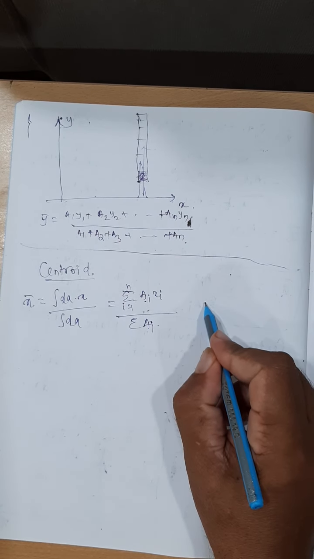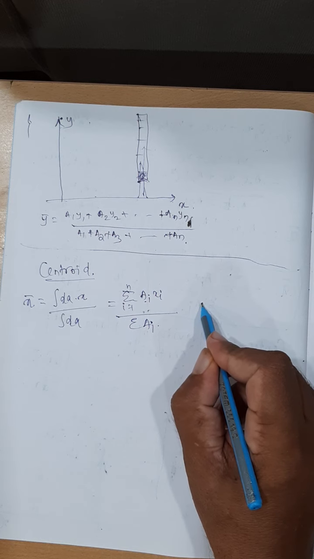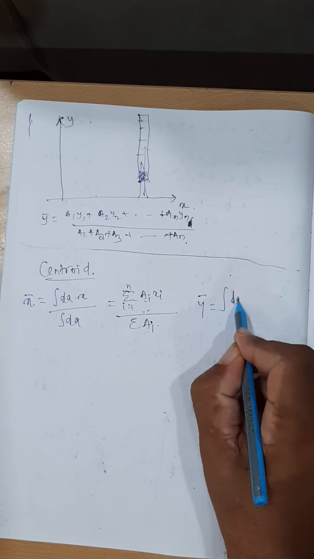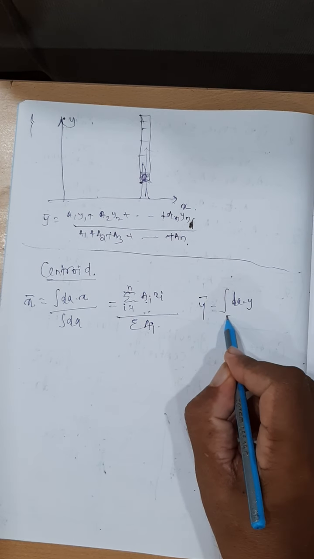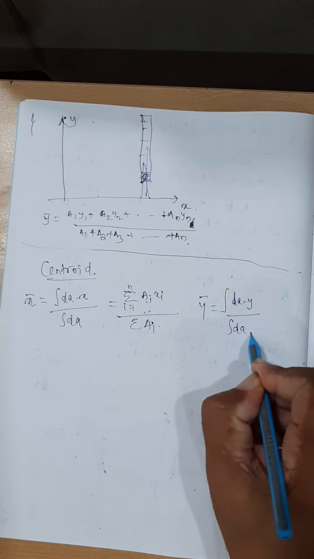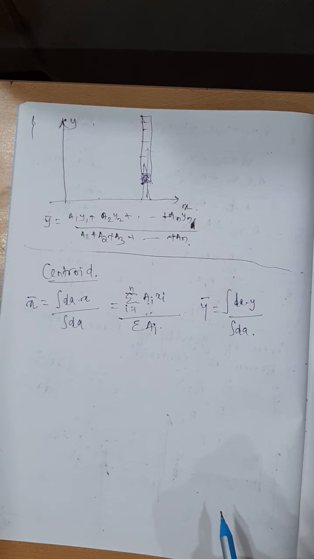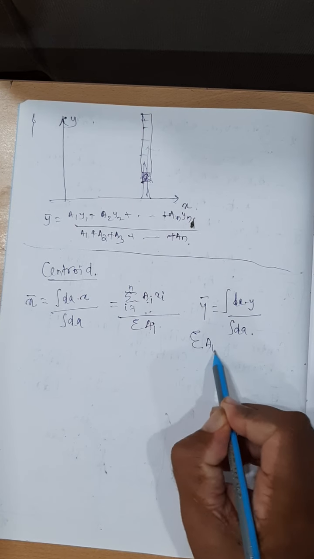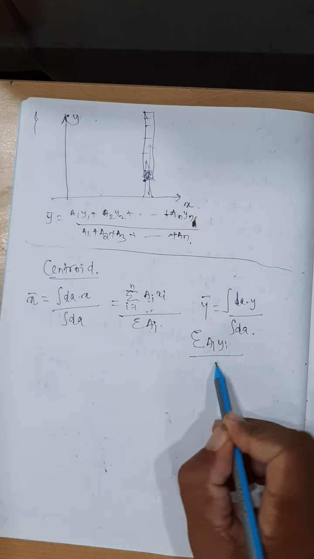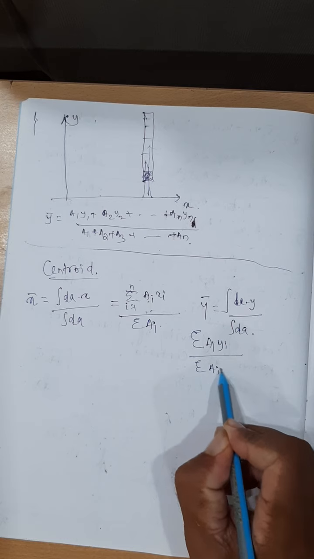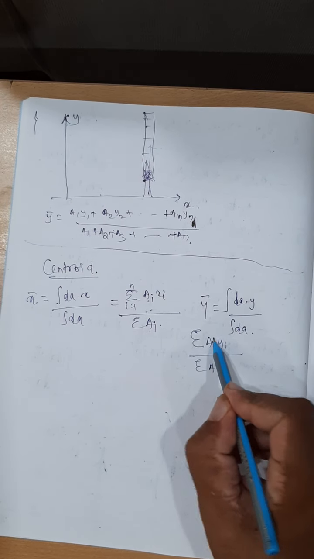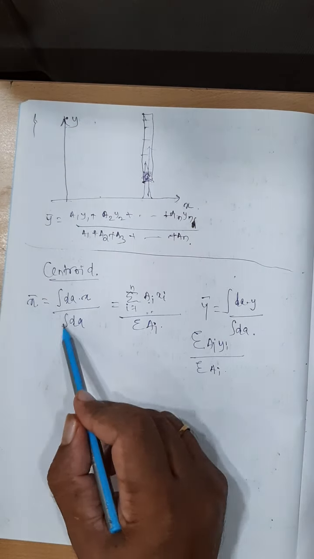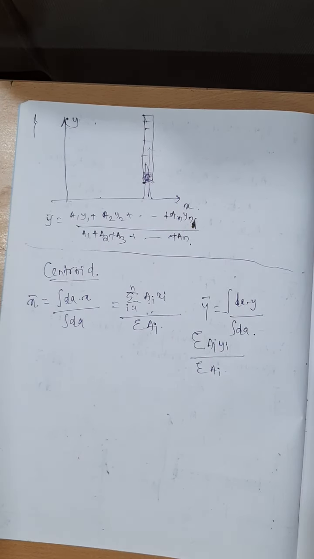Similarly, the y coordinate of the center of gravity is given by y bar equal to the integral of y dA divided by the integral of dA, or the summation of ai yi divided by the summation of ai, from i equal to 1 to n, right?